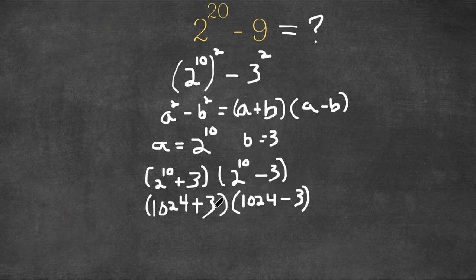Now, 1024 plus 3 is 1027, and 1024 minus 3 is 1021.